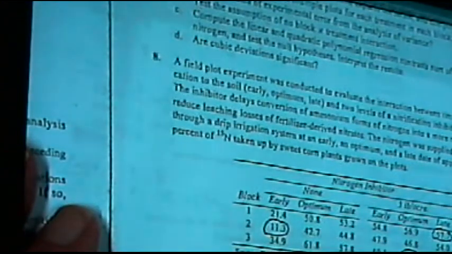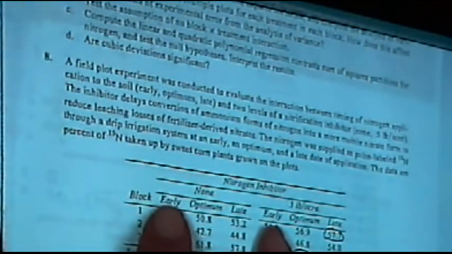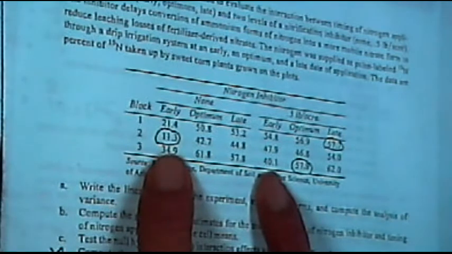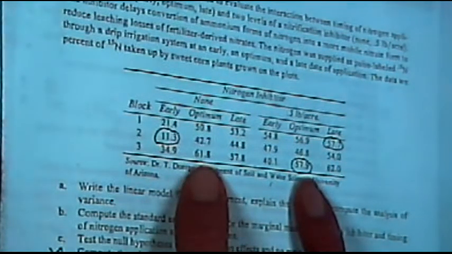Then when I want the means on the time variable, I'm looking at the data again, and I want the mean when the time variable is early, 6 observations there. The mean when the time variable is in the middle, 6 observations there.